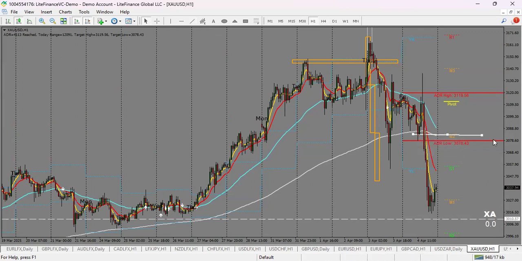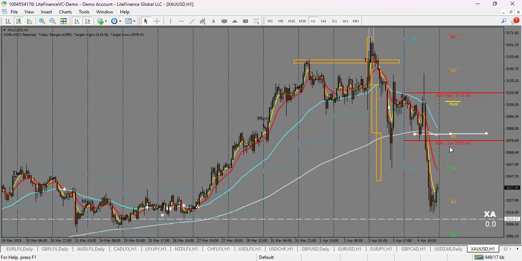So if gold retraces, I am expecting it to come back to this point or this level here before going down.